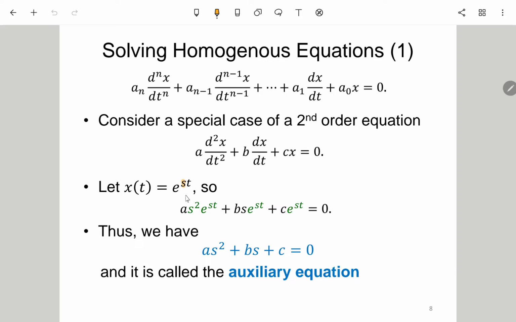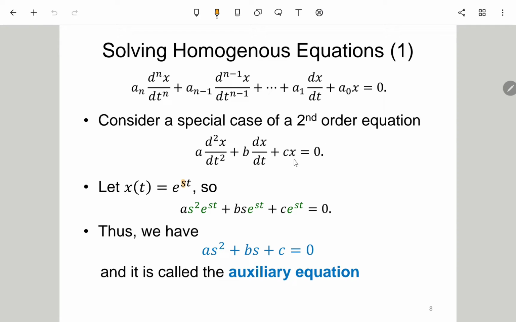Plugging back in and taking the second derivative, we have s squared coming out, multiplied by exponential to the st, and of course with the a, for the first term. For the second term, it is easier. We have b, and the first derivative of exponential to the st, which by the chain rule gives an s.